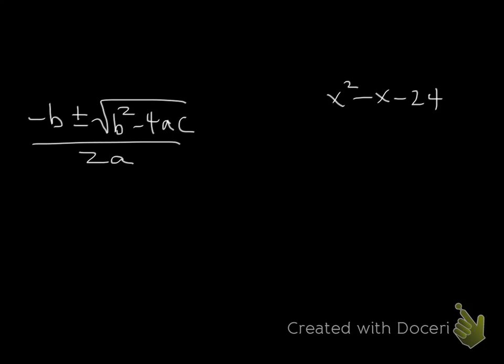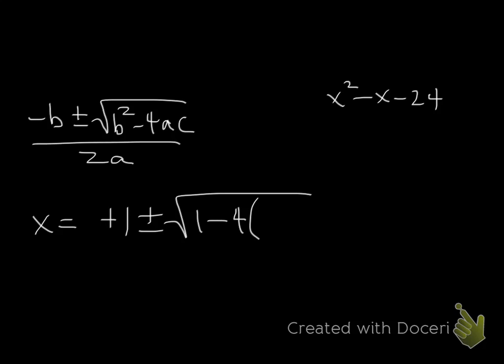Okay, so to find the solutions to this quadratic using the quadratic formula, you'll have x equals negative b, so that's a positive 1, plus or minus the square root of b squared, so negative 1 squared is 1, minus 4ac, 4 times a, which is 1, times c, which is minus 24. Now this negative and this negative will cancel to give us a positive. That's important because the square root needs to have a positive radicand. All over 2a. 2 times 1 is 2.